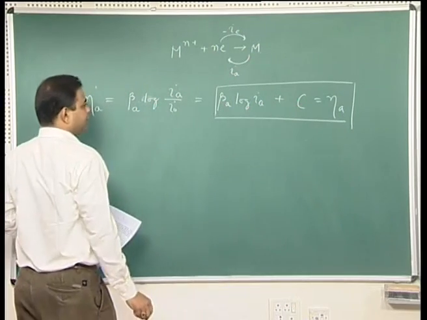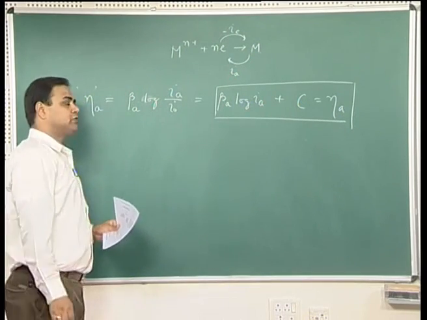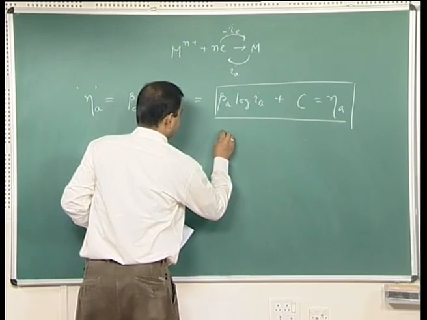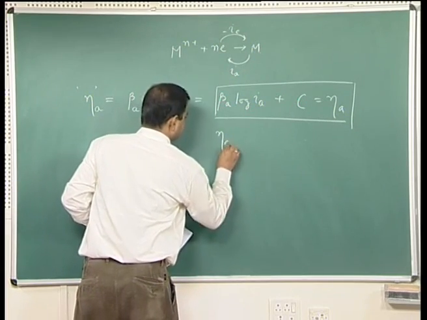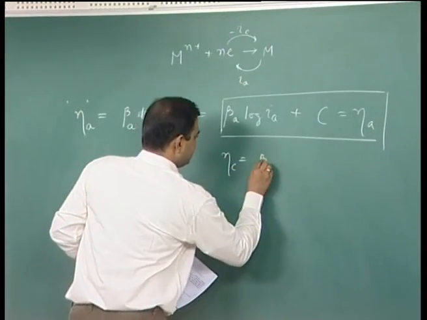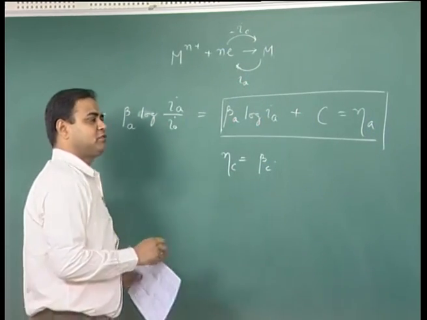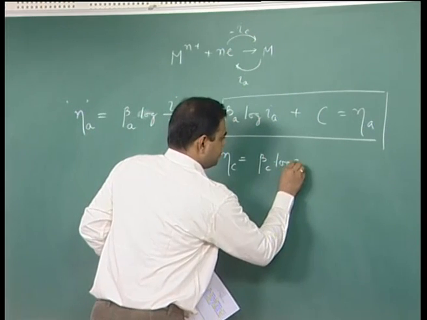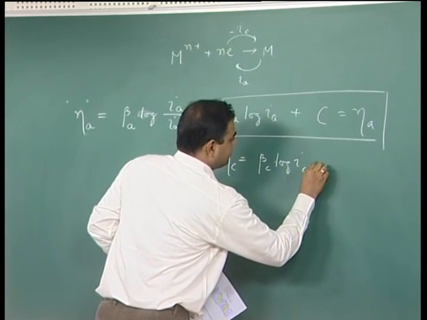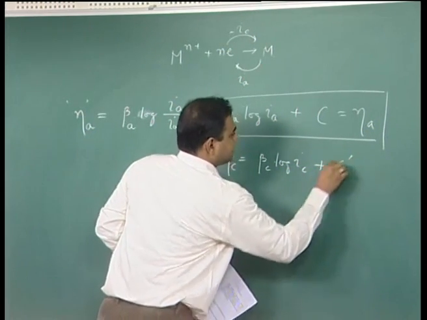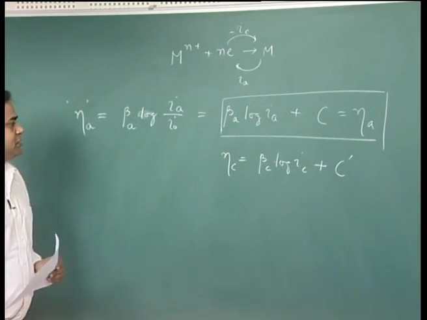Similarly, I could find out what is the Tafel equation for cathodic reaction. In that case eta C would be beta C, which is the Tafel slope for the cathodic process, log I C plus C dash, which is also a constant.